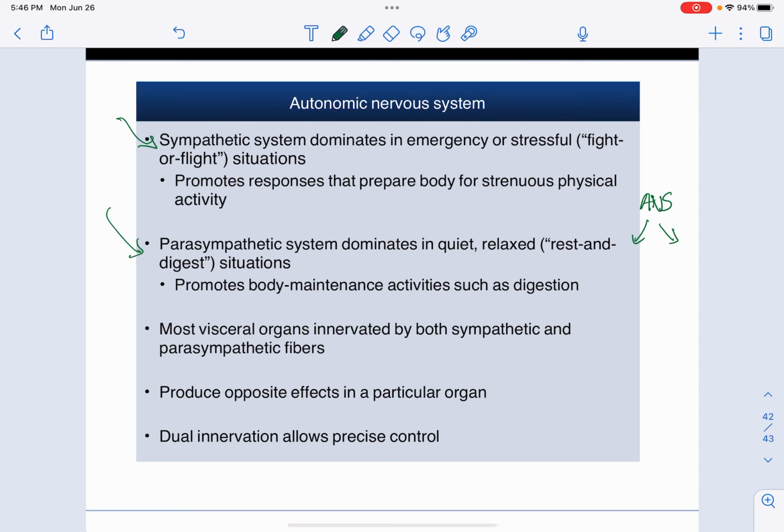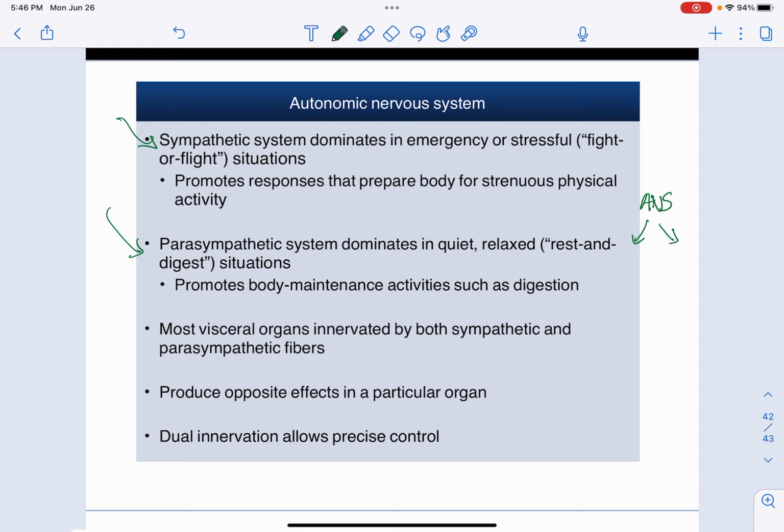On the contrary, in contrast, the parasympathetic system dominates in a quiet, relaxed situation. And this is called rest and digest. And so when we are resting, things in our body change.